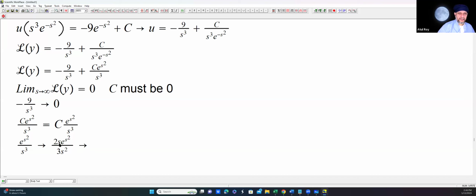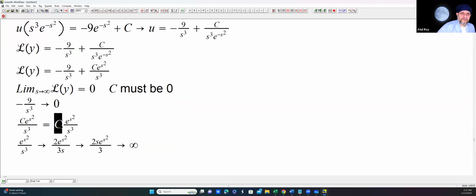Then it becomes 2s e to the s square, and downstairs is 1. So doesn't it go to infinity?